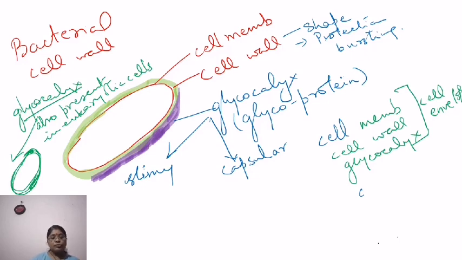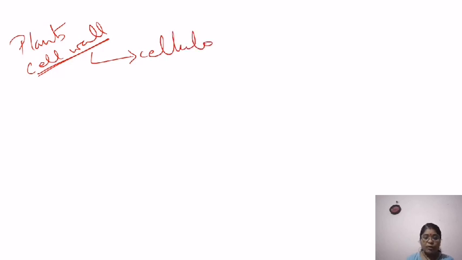Now moving on to plants. Plants have a cell wall, and it is made up of cellulose. All of you know that.